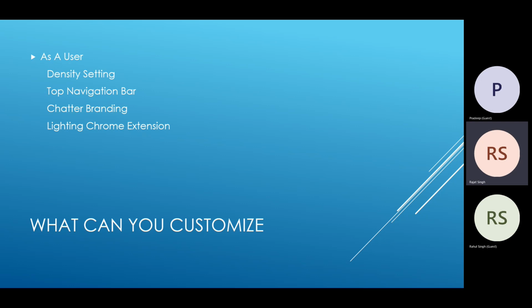A mobile view is different, of course. On desktop and laptop, some users will want most of the records visible on their screen. Some users prefer a comfortable view, where things are more scattered and more visible. That is what the density setting is. We will be doing this density setting after the slide.